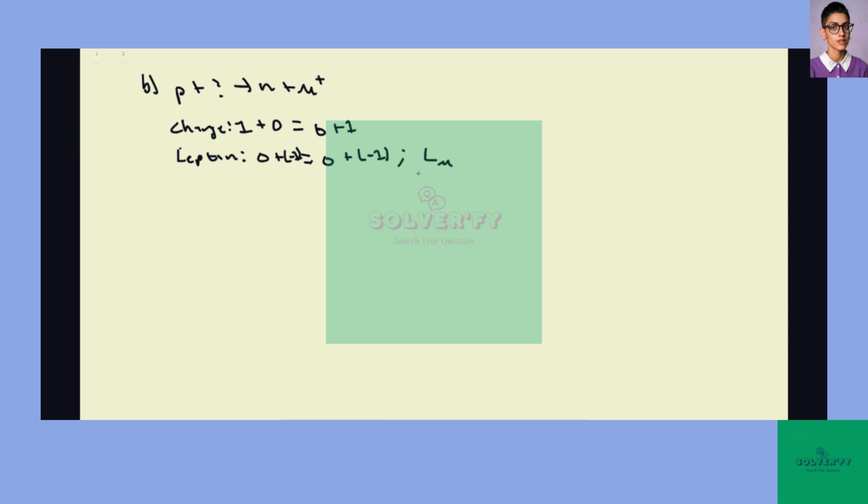So the only thing that's left for this that has neutral charge and has a mu lepton number is going to be the mu anti-neutrino in order to have a minus 1 mu lepton number. It has to be the mu anti-neutrino. So that gives the proton plus an anti-mu neutrino react to form a neutron plus an anti-muon.